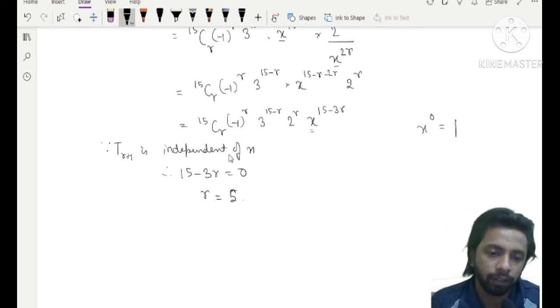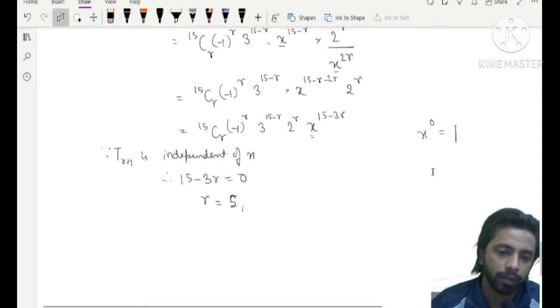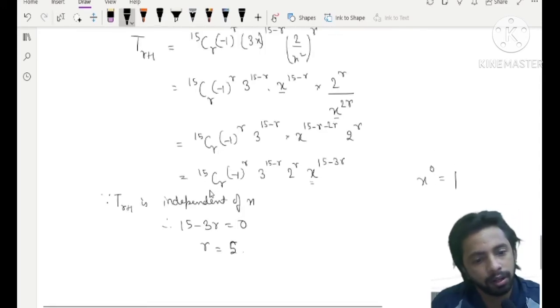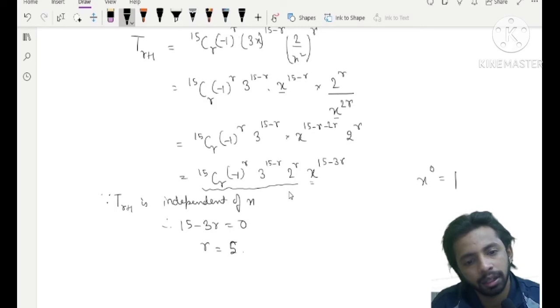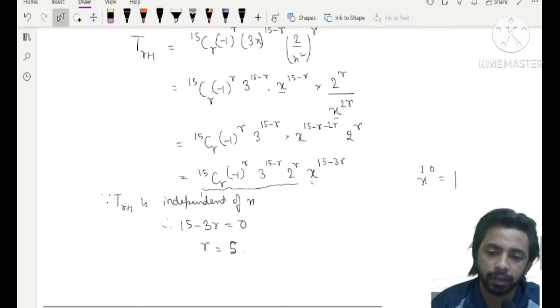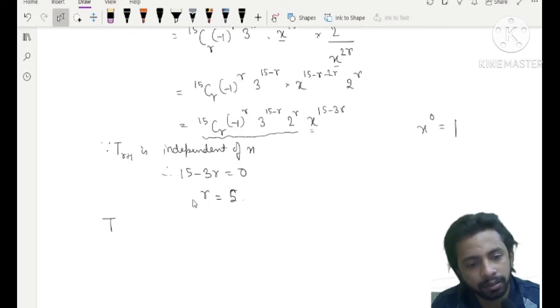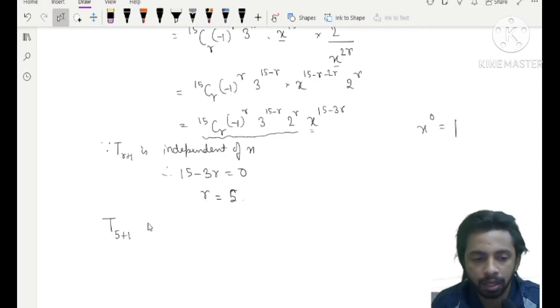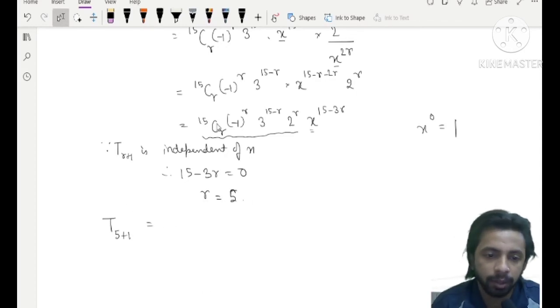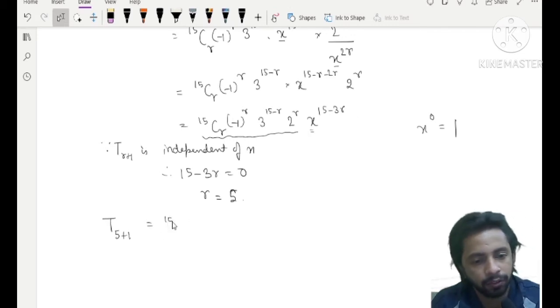After you know r equals 5, you will substitute it here and find the term which is independent of x. So the term independent of x is actually t, since the value of r is 5, this is actually t(5+1). No need to calculate it again because you have done it till here. So this is 15C5 (-1) to the power 5, 3 to the power 15 minus 5, and 2 to the power 5.